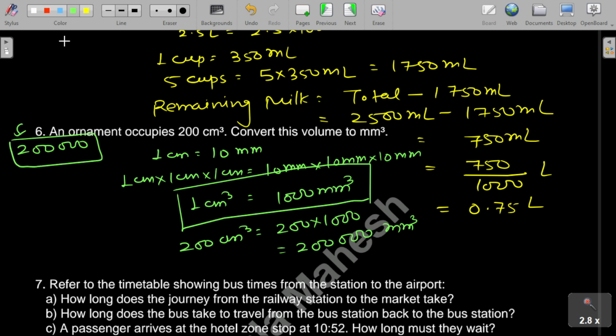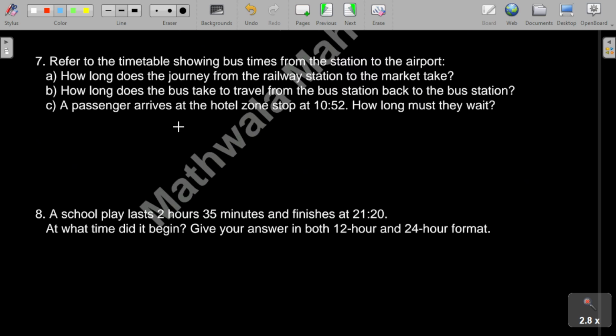Now moving to 7th question. Refer to the timetable showing bus times from the station to the airport. How long does the journey take from the railway station to the market? How long does the bus take to travel from the bus station back to the station?